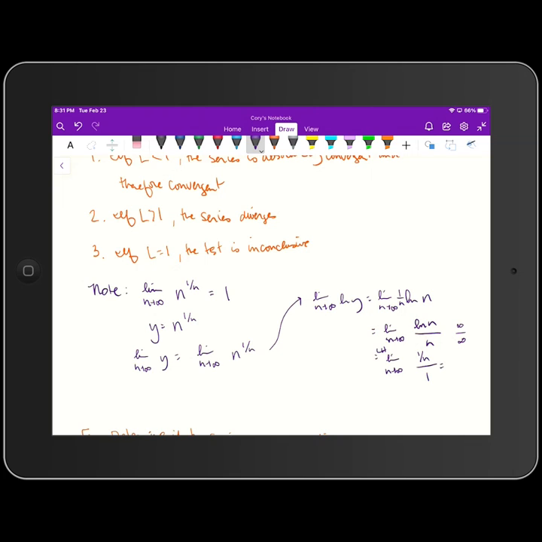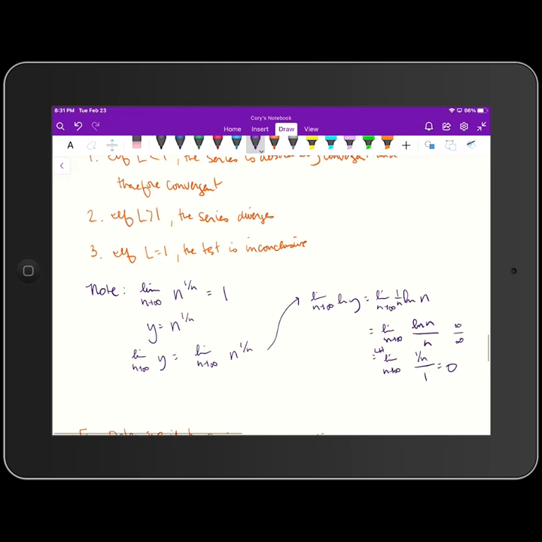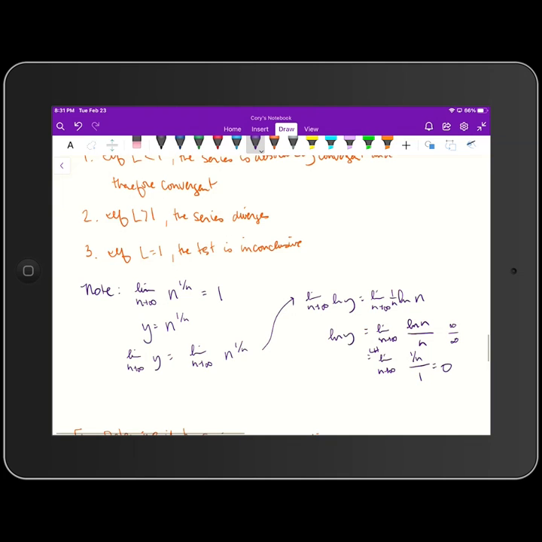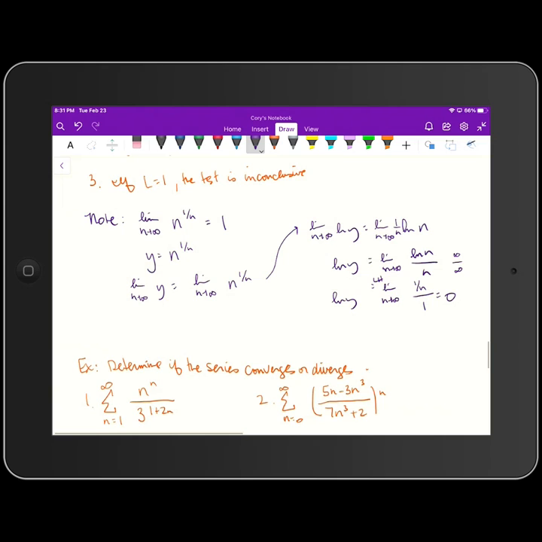And as n gets big, that goes to 0. Now, there's nowhere for me to use the limit on the left-hand side. So the limit as n goes to infinity of the natural log of y is just the natural log of y. That makes the natural log of y equal to 0, and that occurs when y is equal to 1.